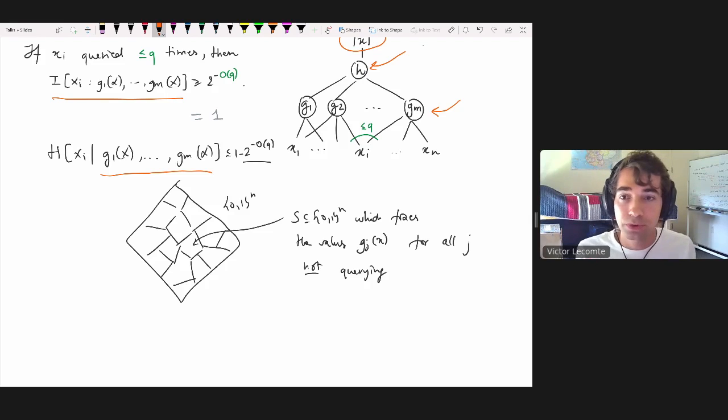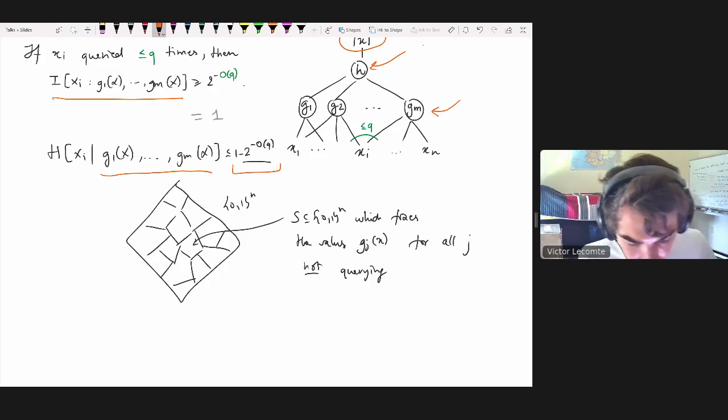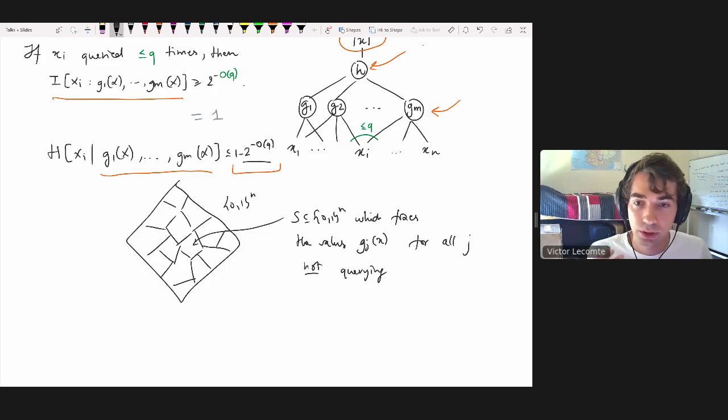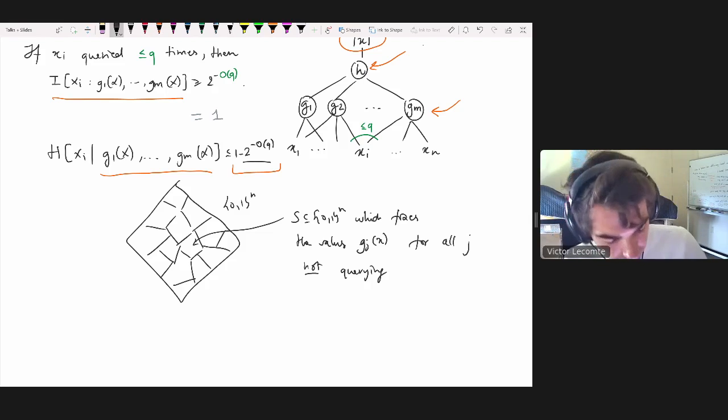And actually, we're going to prove that this remaining entropy of xi is smaller than 1 minus 2 to the minus O of q in each of those sets S. So we're going to take some S and show that within S, the remaining entropy is small in that sense.